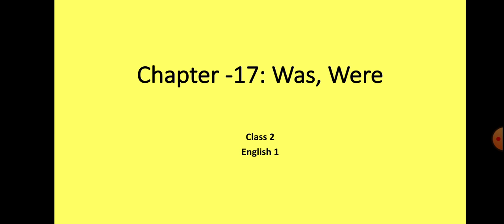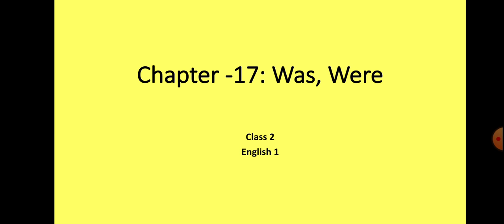They are also used as helping verbs, which tell us about the states of things now. When we have to talk about someone's state of being in the past, we use was and were.